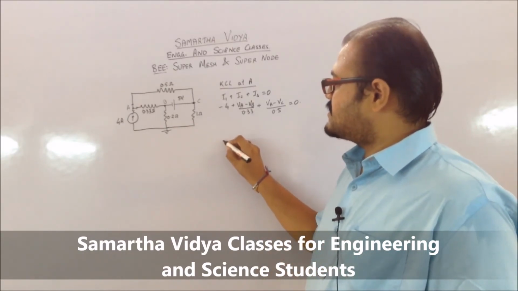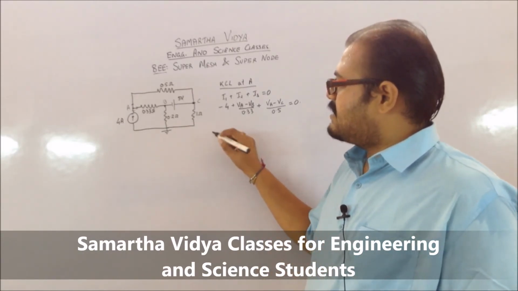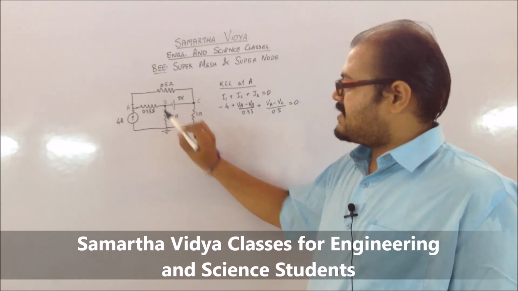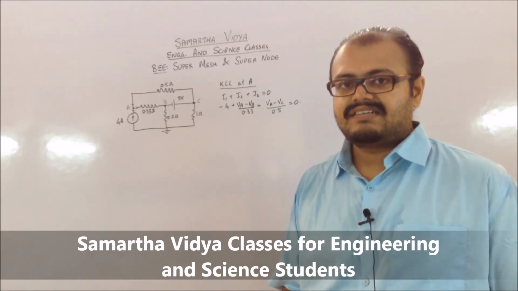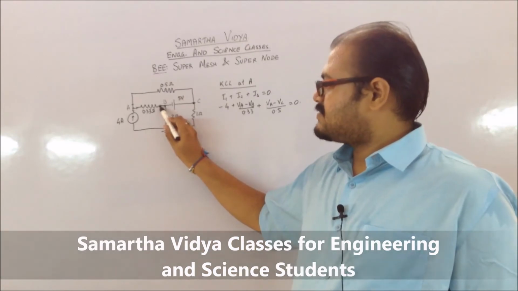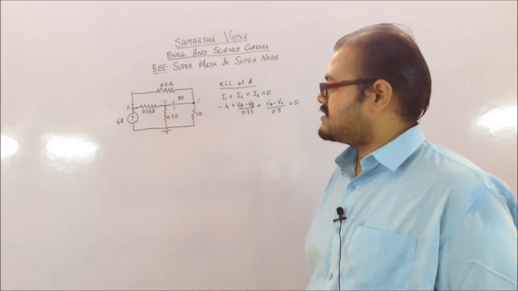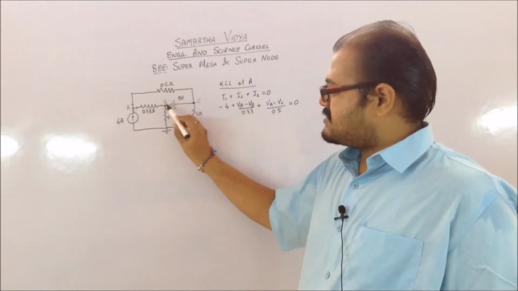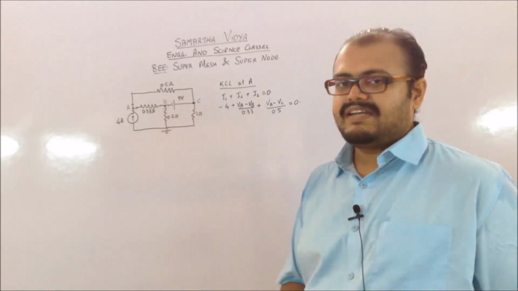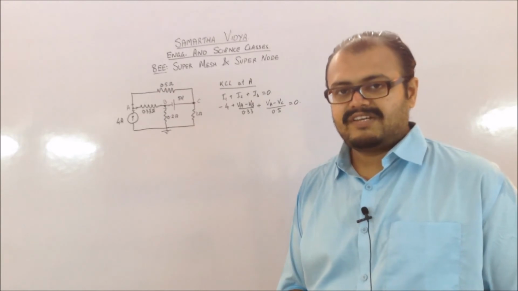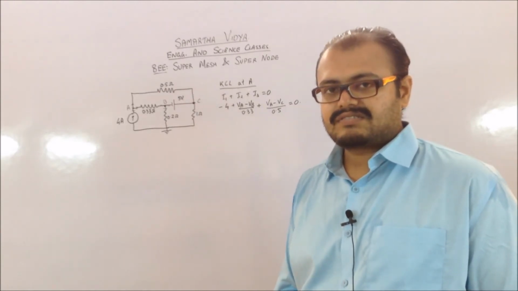Then going for the next thing, if you apply KCL at B, you will have a current flowing this way, a current flowing this way, and a current flowing this way. But in that case, you won't be able to calculate the current flowing through your voltage source.